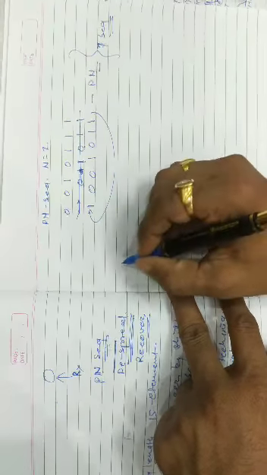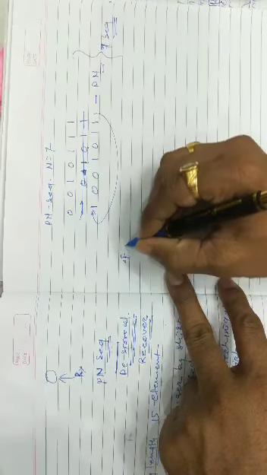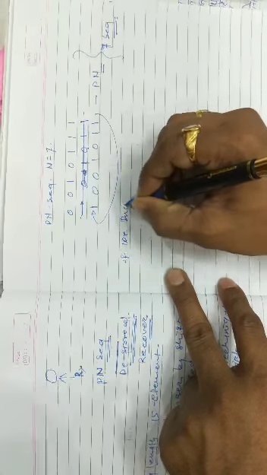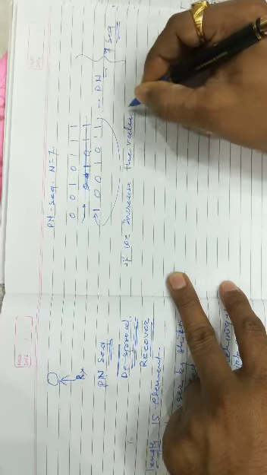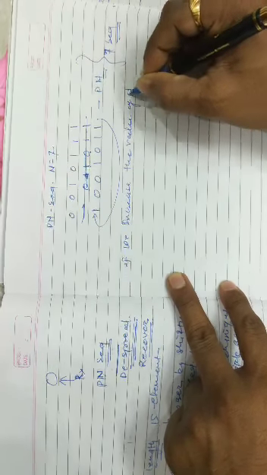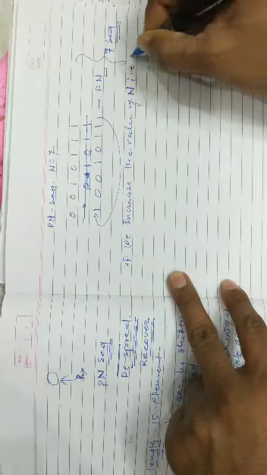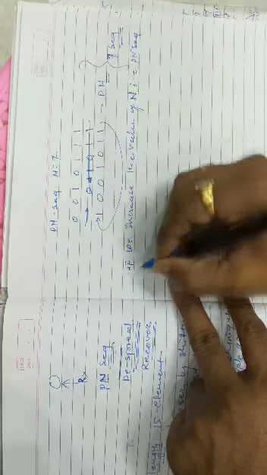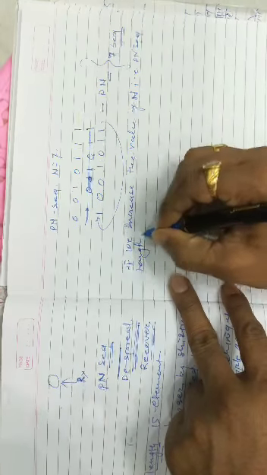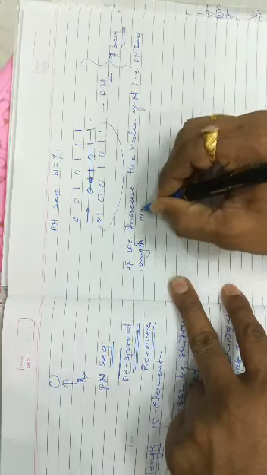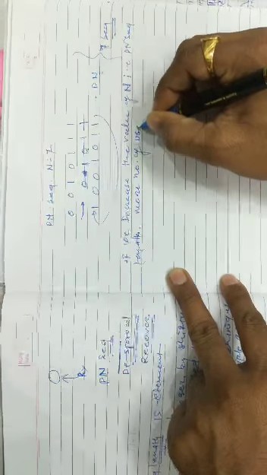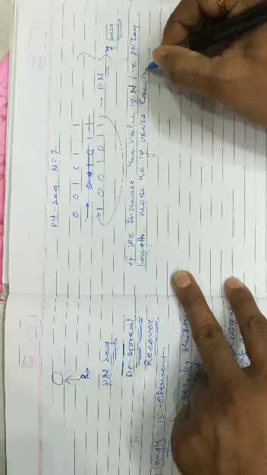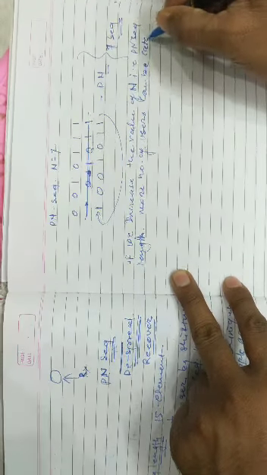And if we increase the value of N, that is the PN sequence length, more number of users can be catered.